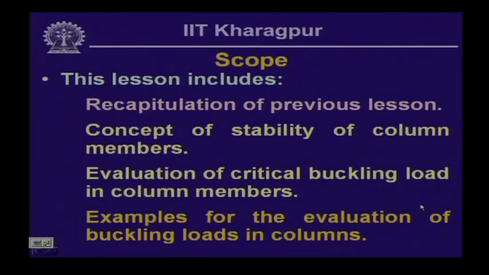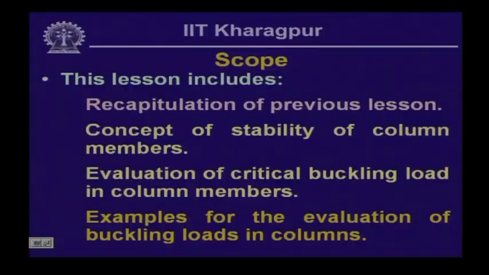By different types of column members we mean the different types of supports the column members have, and the contribution of the axial load in buckling of those members. Then we will look into some examples for the evaluation of buckling loads in columns.